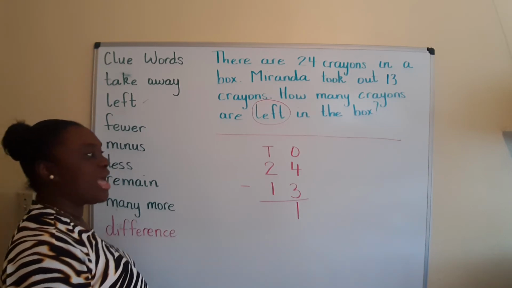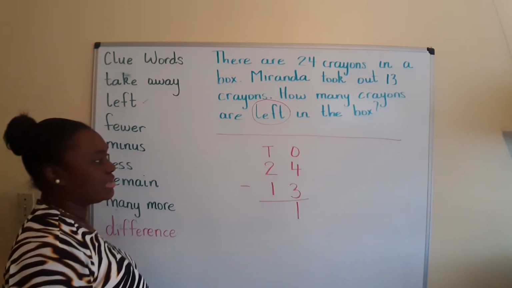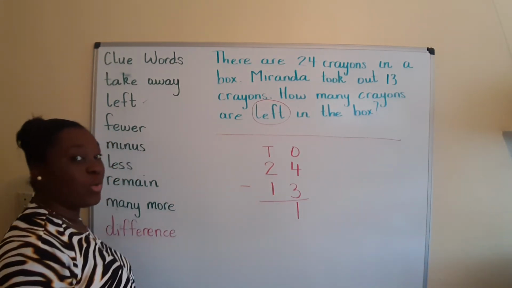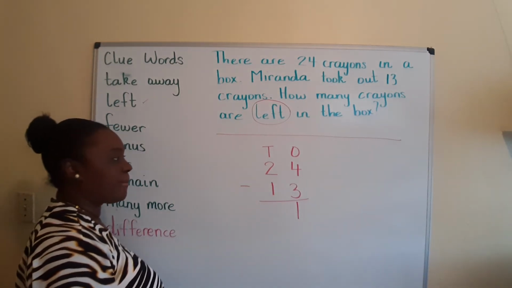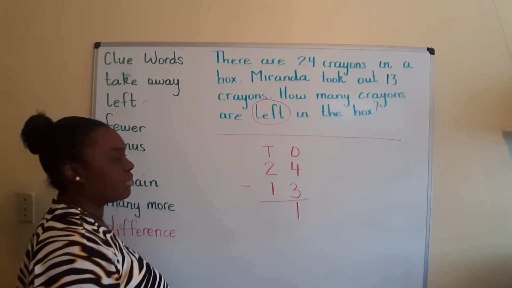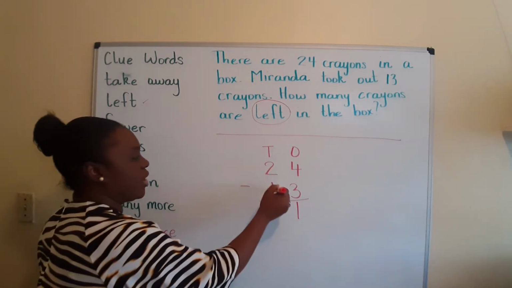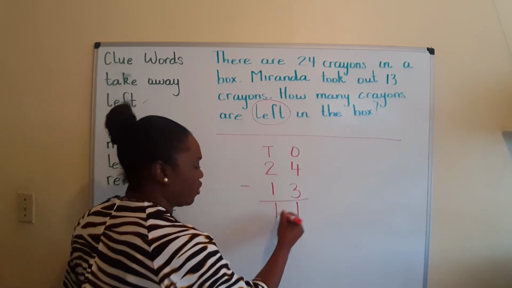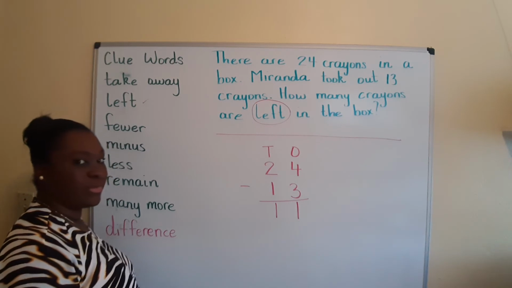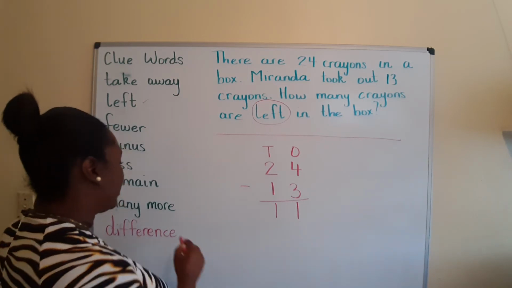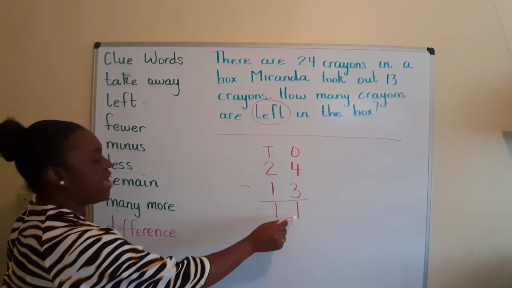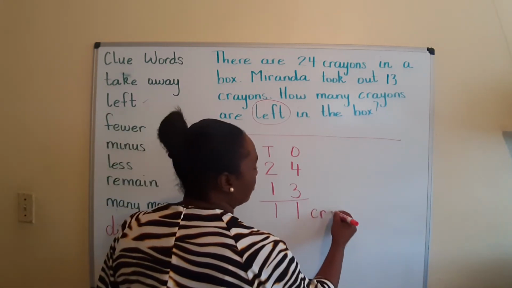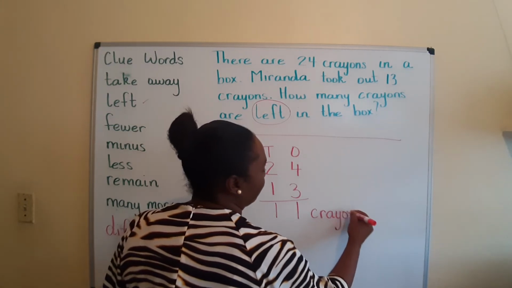Excellent. Now we can move on to the tens place. 2 take away 1. What is 2 take away 1? 2 take away 1 is equal to 1. Very good. So our difference would be 11. 11 crayons remain.